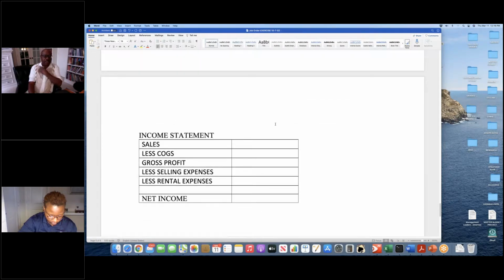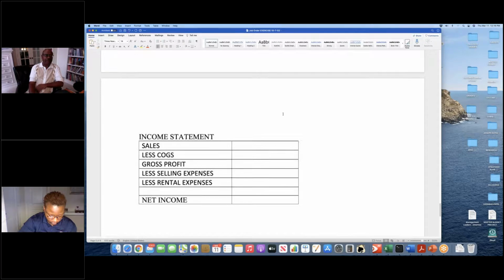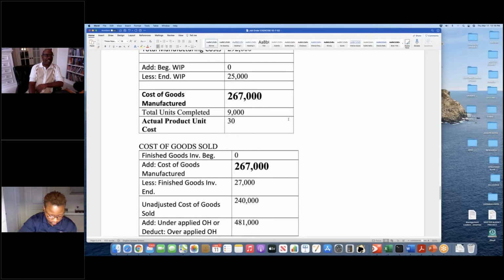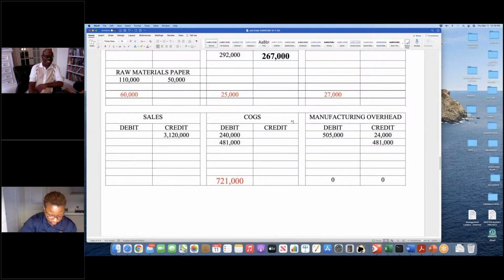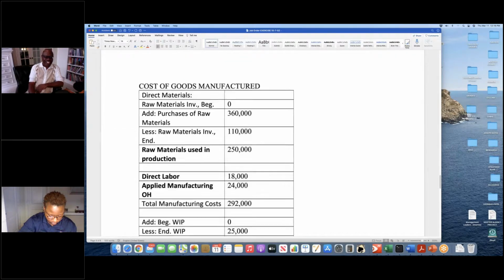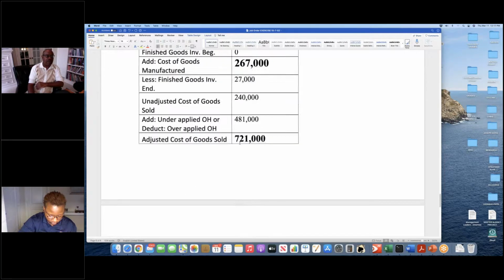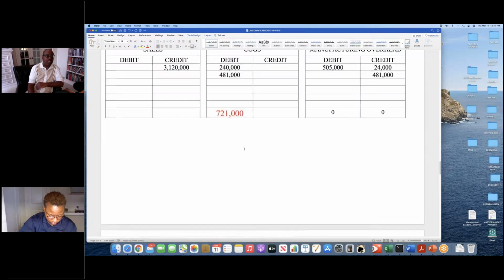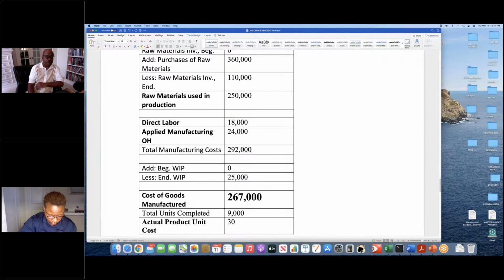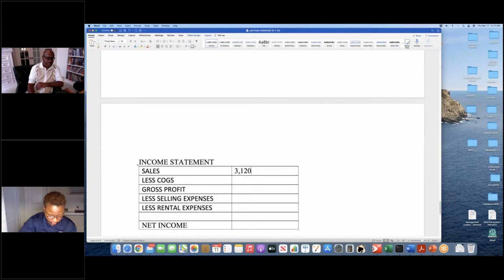Can we do an income statement? Do we have to do one? Yeah, for stage 6. Okay. So we'll have sales of 3,120,000.